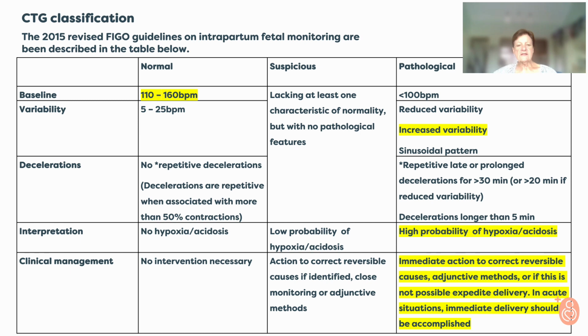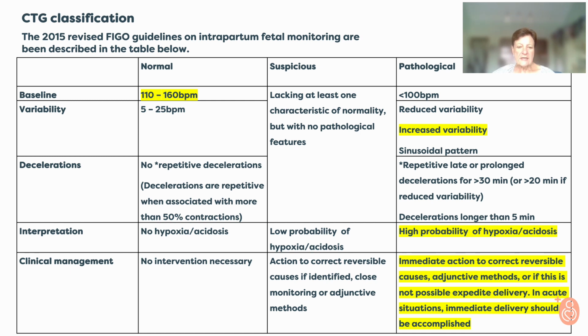Now, how can we classify the CTG in terms of the FIGO guidelines and in terms of the NICE guidelines? This is the FIGO guideline that you have in front of you. If we look at the baseline, we see that the baseline is normal. It was 110 beats per minute, so it falls within the normal block of the FIGO guidelines.